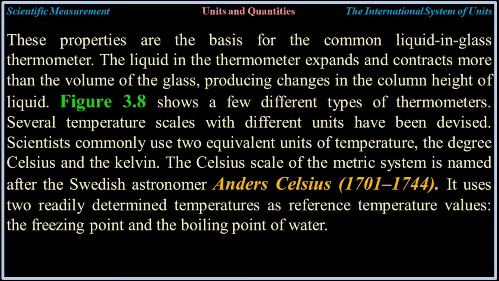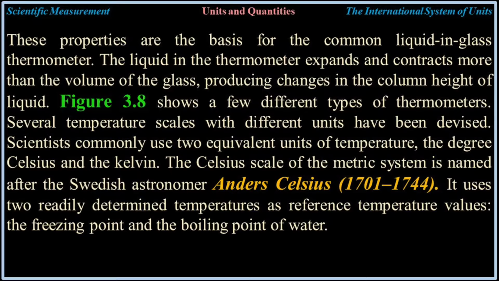Scientists commonly use two equivalent units of temperature, the degree Celsius and the Kelvin. The Celsius scale of the metric system is named after the Swedish astronomer Anders Celsius, 1701 to 1744.